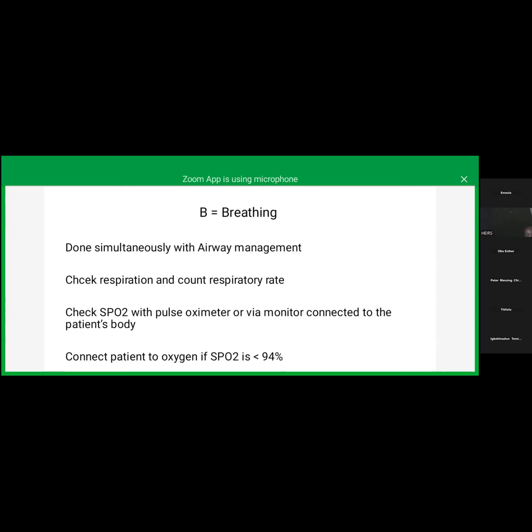But anything beyond 22 is a high respiratory rate, is abnormal. Also in an adult, any respiratory rate that is less than 12 is low. So low respiratory rate, bradypnea; high respiratory rate, tachypnea.